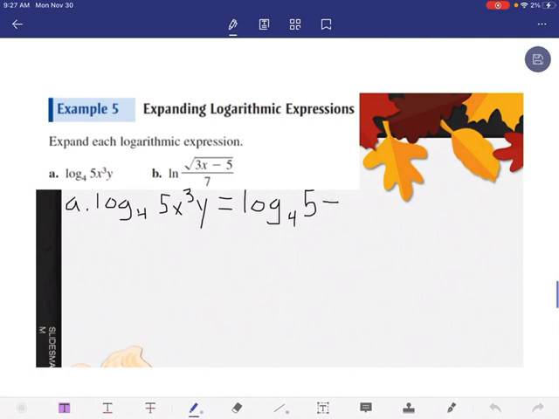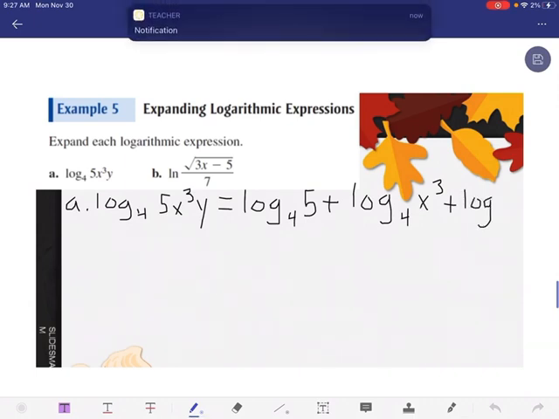And it is important that we break it into 3 separate logarithms. A lot of people will forget about that 5 and just want to leave it with one of the variables. But because it's still being multiplied, we need to expand it to where it is its own logarithm.